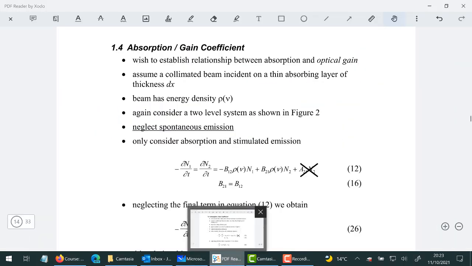So let's think now about the processes that we actually want to maximize and the ones that we want to minimize within the laser.